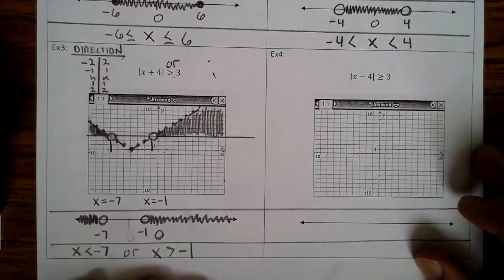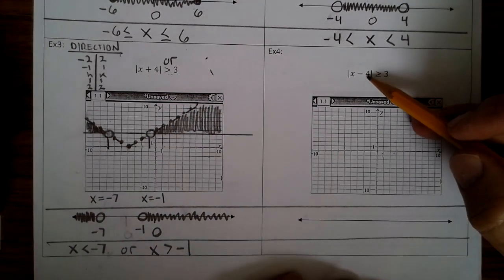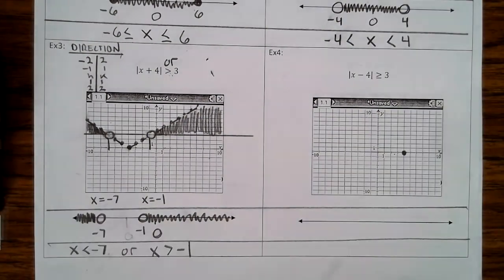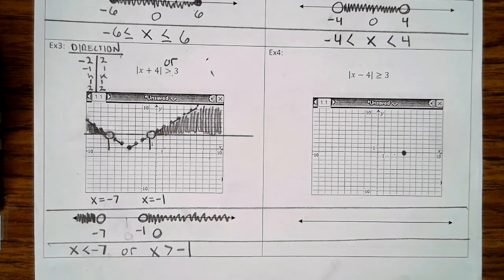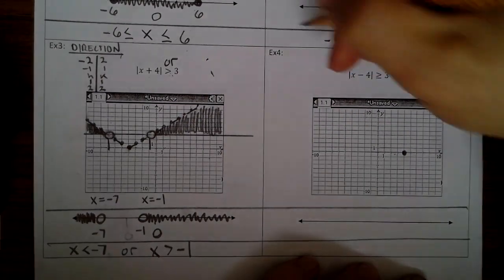All right, let's take a look at example 4. So again, we're going to graph by direction. So we first move the vertex. So minus 4 means we go plus 4, 1, 2, 3, 4. And then we graph by direction.